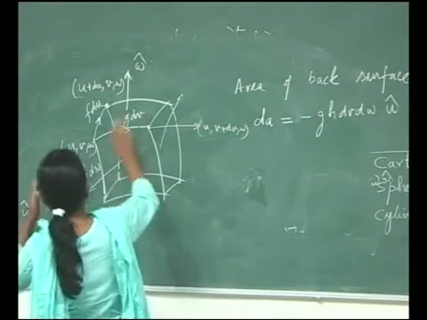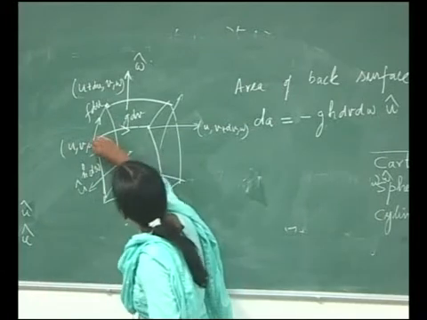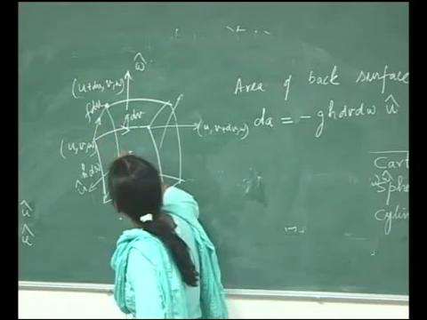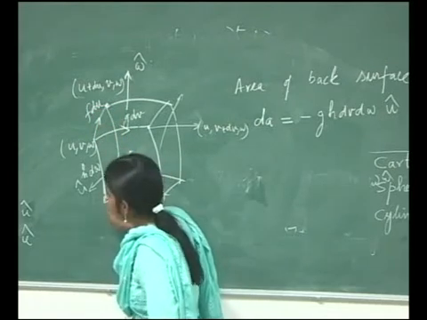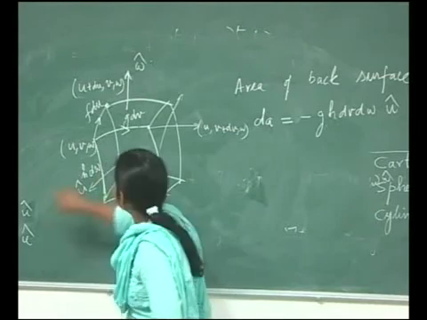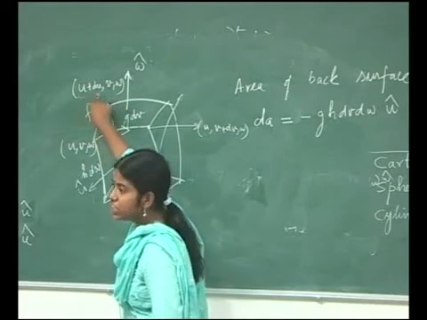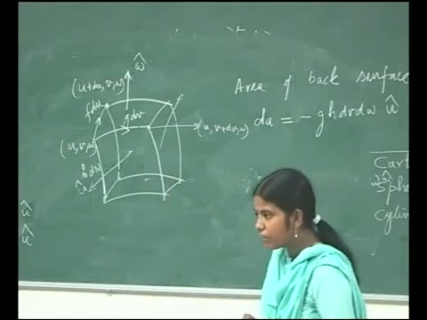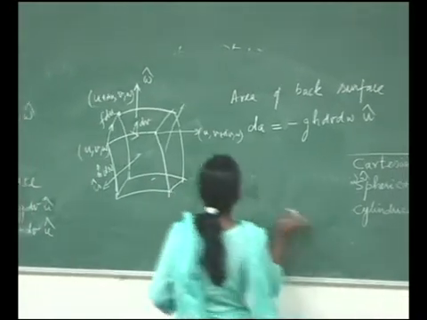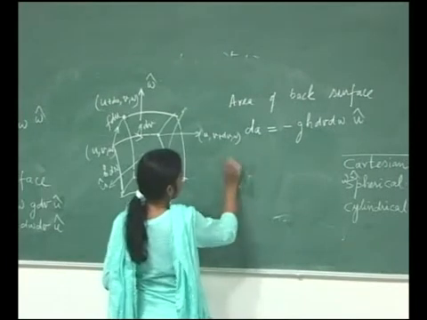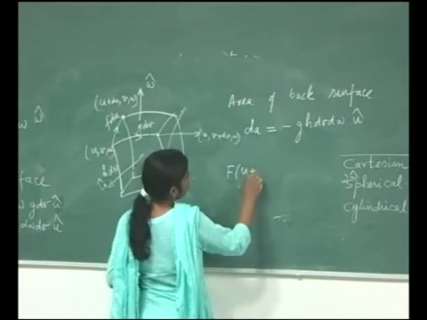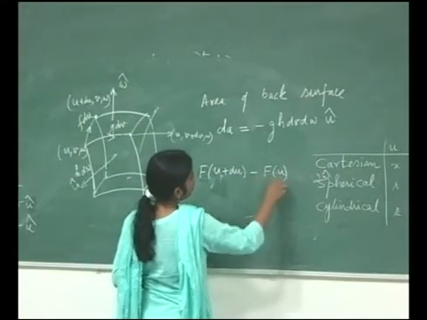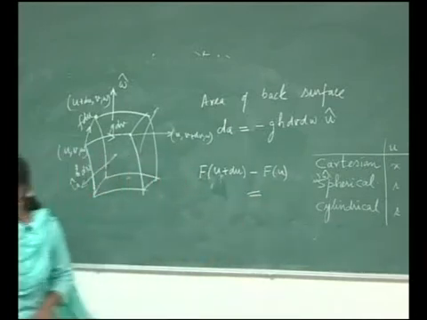Now I need not bother about other coordinates. When I go from here to here, what is changing? U has changed. So I am calculating the front surface at u, whereas the back surface at u plus du. So for any differentiable function f, f of u plus du minus f of u is equal to what?